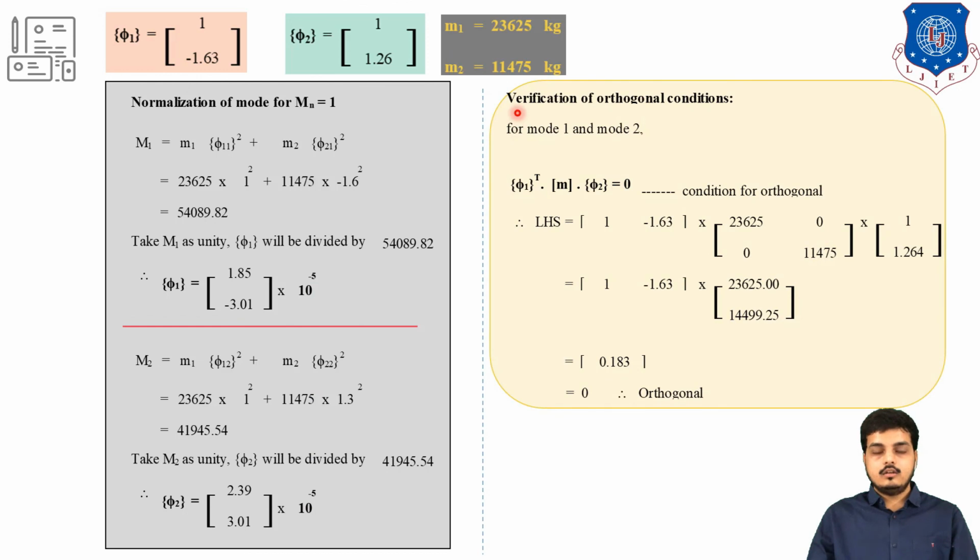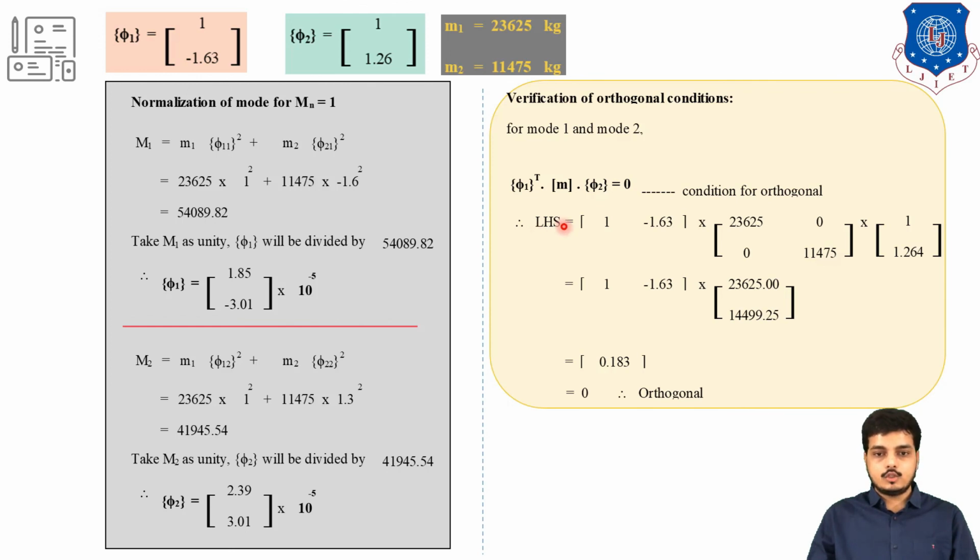Next is to verify the orthogonal condition. For mode shape 1 and mode shape 2, we can check it with the identity matrix. So phi 1 transpose multiplied by mass into phi 2 equals 0. This is the condition for orthogonality, an equation to verify the orthogonal condition.